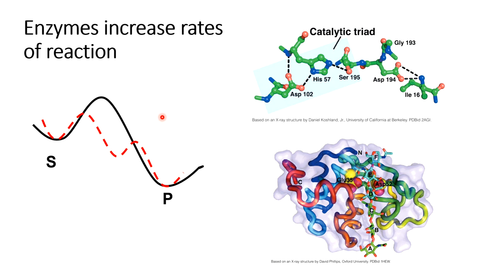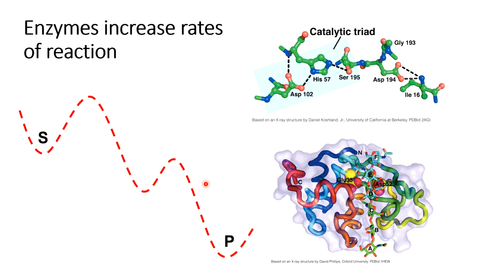If we think about the enzyme-catalyzed reaction as having a reaction coordinate shown by this dashed red trace, it's showing a different pathway from converting S to P, but that pathway has a lower activation energy, which allows for the reaction to go quicker.